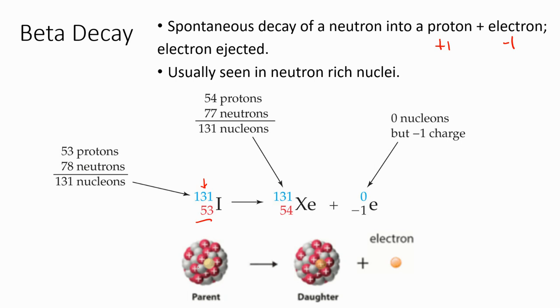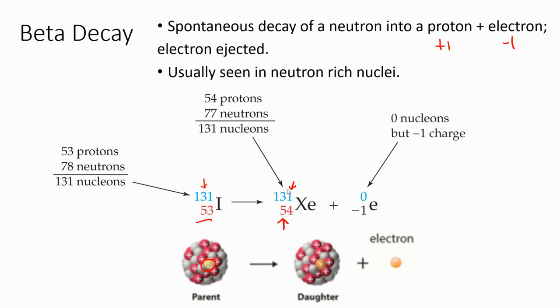If one of those neutrons in the nucleus turns into a proton and an electron, then the atomic number is going to increase by 1, but the mass number will stay the same, because while we are gaining a proton, we're losing a neutron.